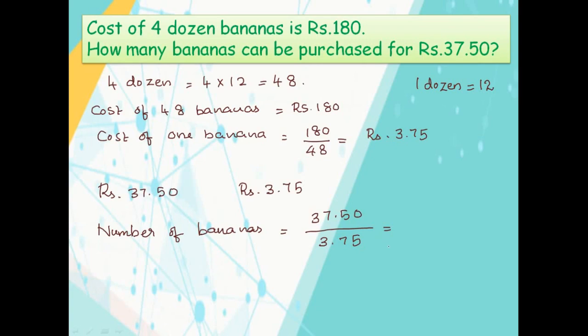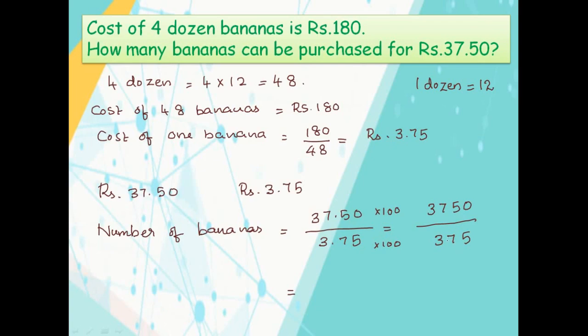How can we do this problem? Here you can see in the numerator and the denominator there come decimals. We need to remove the decimal from the denominator. So, we are going to multiply numerator and denominator by 100. After multiplication, the denominator will be 375 and the numerator will be 3750.